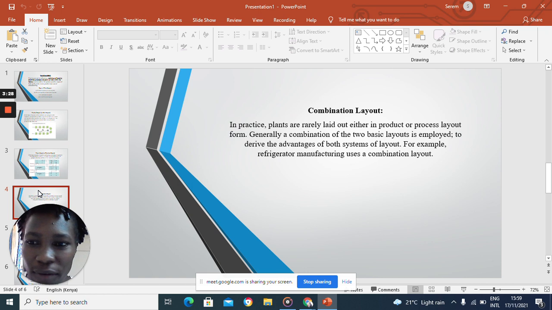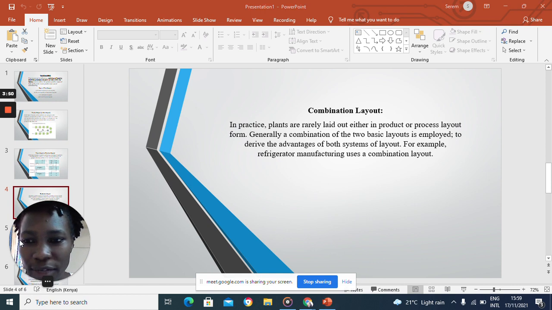And then we have another one that we call a combination layout. Yes, in practice, we rarely use this, but when it is used, you are combining both the product layout and the process layout. So it just gives you advantages of both the systems in the layout. So you get to have more processes on the flow in your production area.